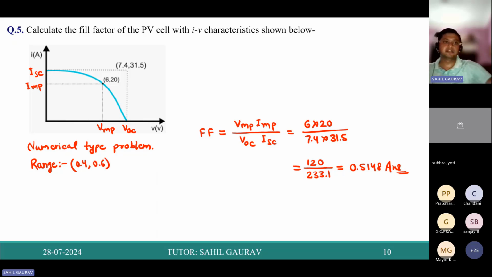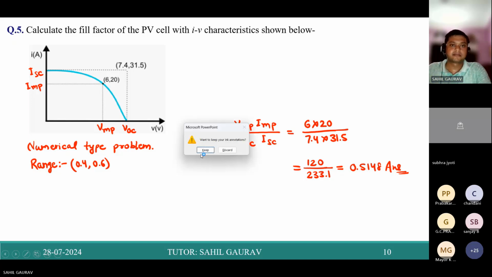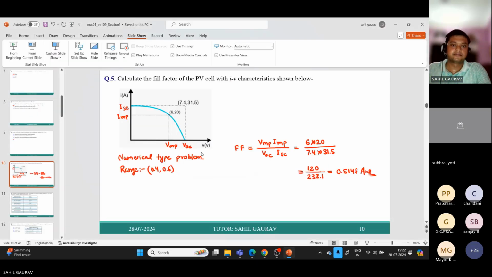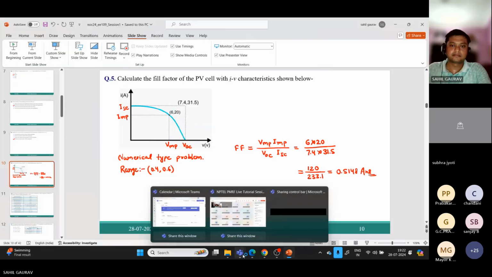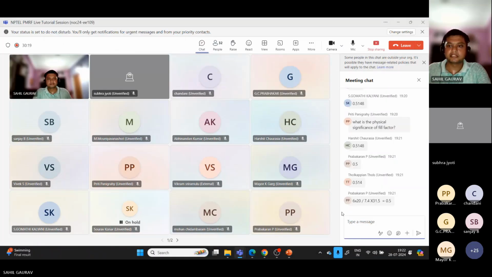Whatever answer falls within this range will be considered the correct answer. Yes, Prabhakaran ji, correct.